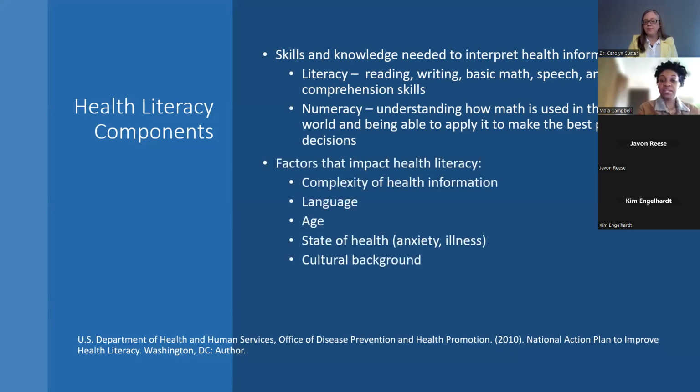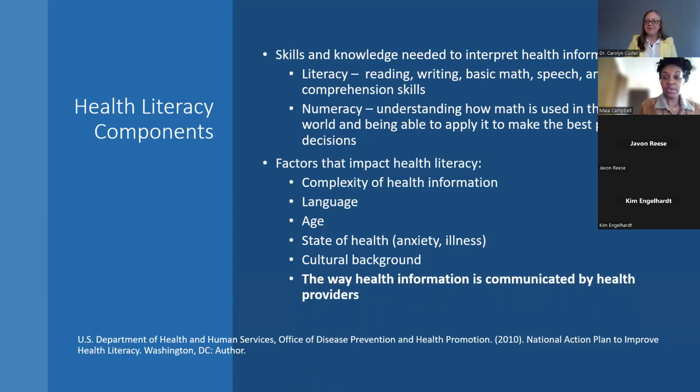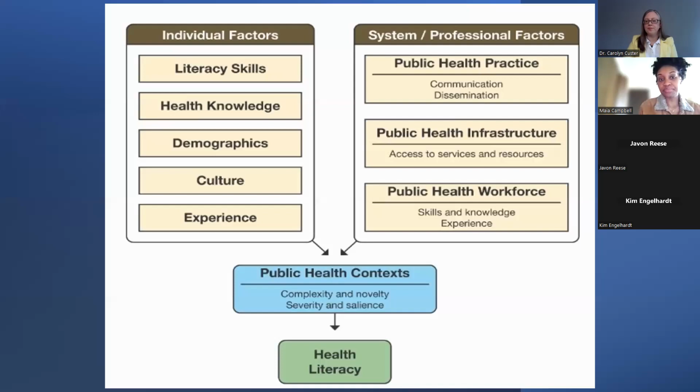And factors that impact health literacy: the complexity of the health information being communicated, the language, the age of the patient, state of their health, are they anxious, are they sick during the appointment, and also cultural background. So the way the information is communicated by the health provider is another factor of health literacy. All right, so this is just a graphic of the individual factors and the systemic factors that we just touched on.